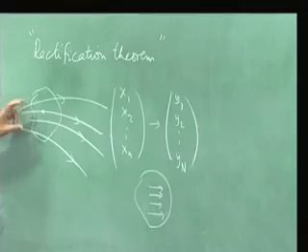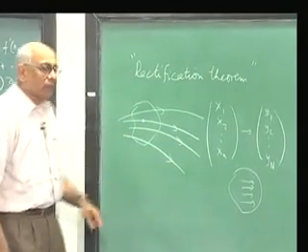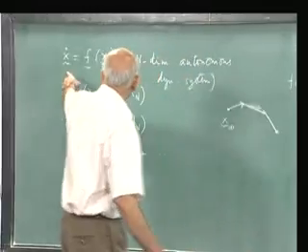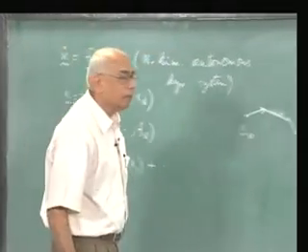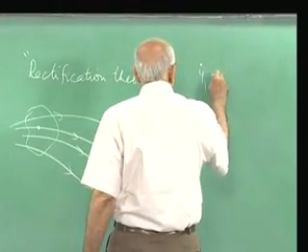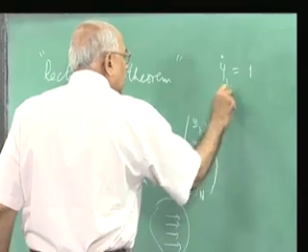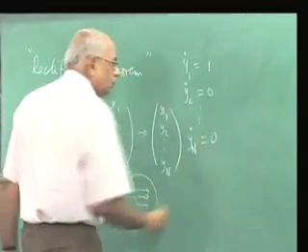That is, all these vector fields have been rectified. In other words, in the y variables, this set of equations x1 dot is f1 of x1, x2 up to xn would start looking like y1 dot equal to 1, y2 dot equal to 0, etc. up to yn dot equal to 0.